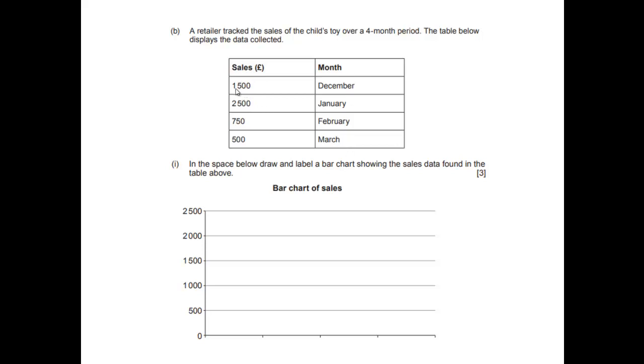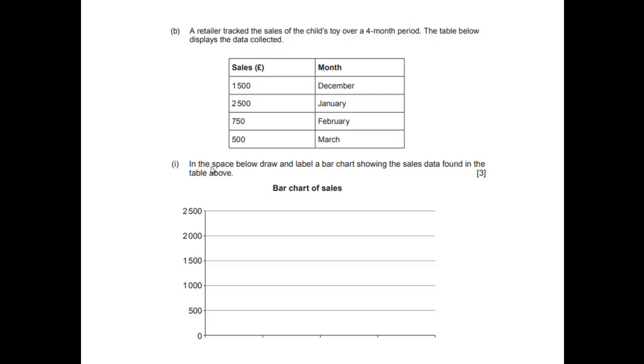So we had 1,500 sales in December, 2,500 sales in January, 750 sales in February, and 500 sales in March. So basically all of the information we need to answer the question below is based in this chart here.